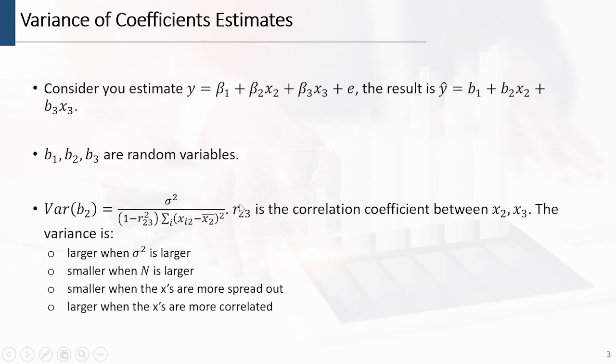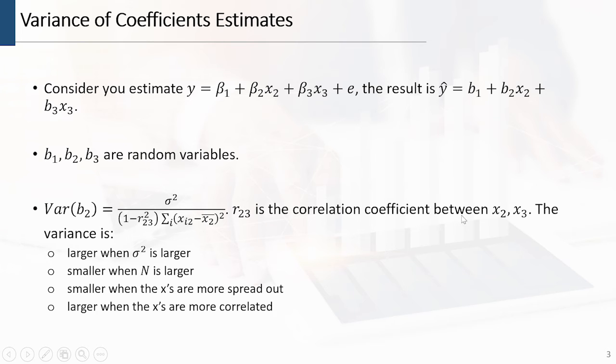Mathematically, when R23 is equal to 1, 1 minus 1 is 0, and something divided by 0 is undefined. It causes what we call an explosion of the variance. And from an econometrics point of view, we also have the concept called collinearity.